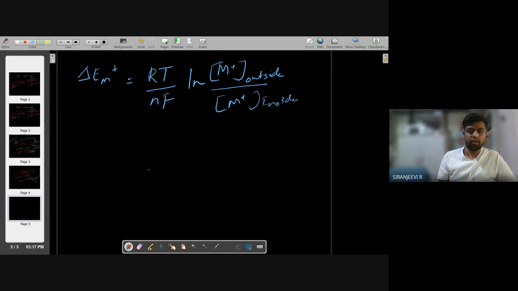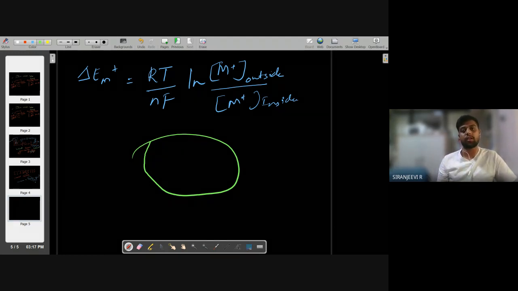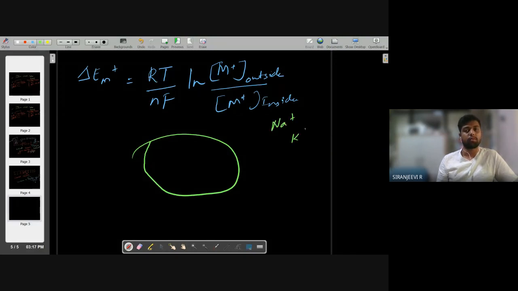If you talk about a cell, cells can have more ions. That is the main reason that cells have a voltage difference between outside and inside. And for the membrane potential, there are two ions that we are really concerned about: sodium and potassium.